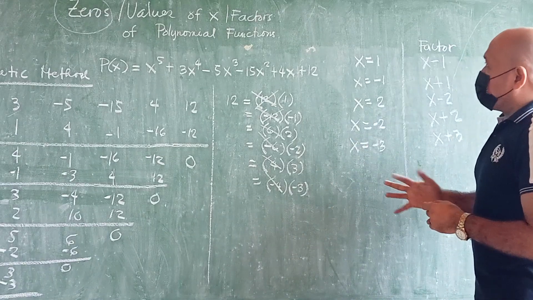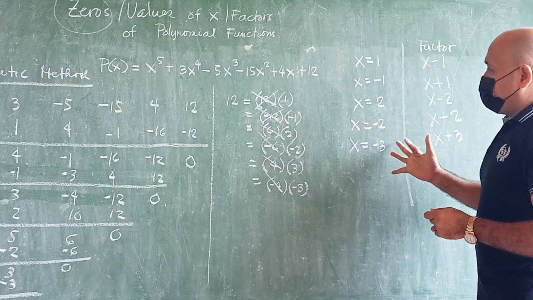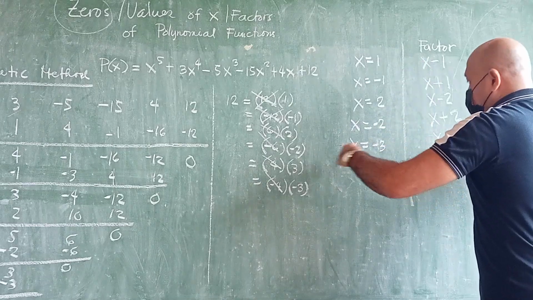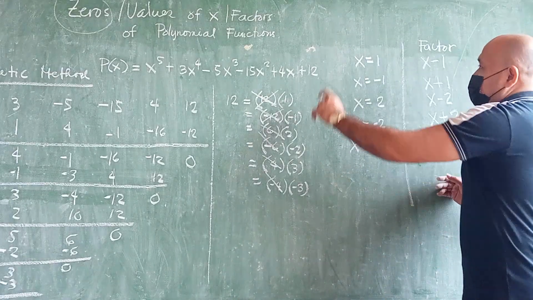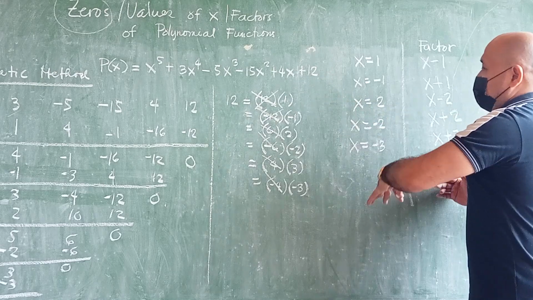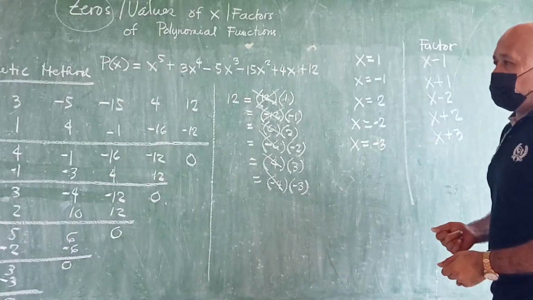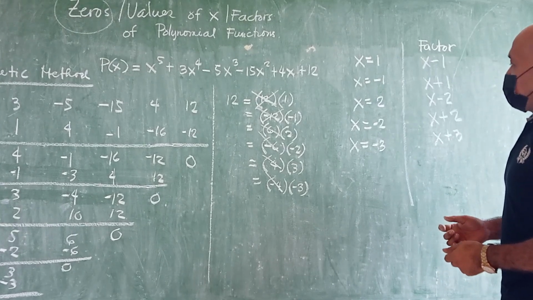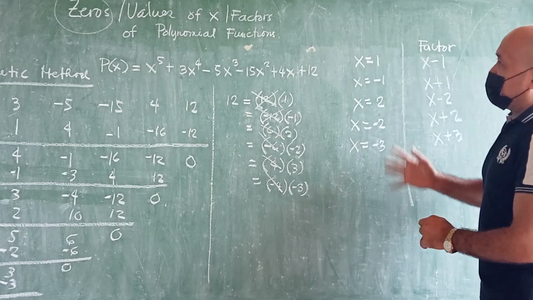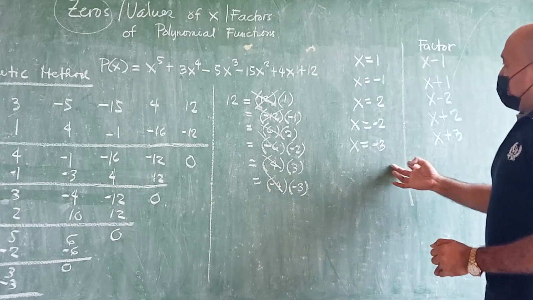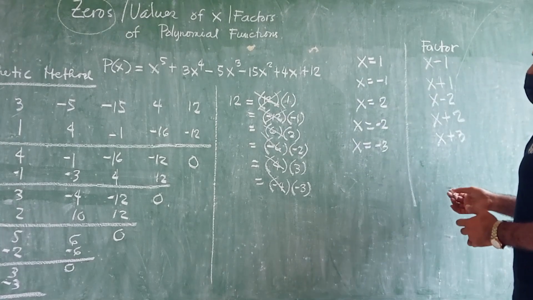Again, the purpose of the values of x is for you to determine which part of the x-axis the graph of this polynomial will pass through. And that might be our lesson next meeting when we continue with our review lesson. And for this time, the focus is only to solve for zeros, values of x, and the factor form of this given polynomial.